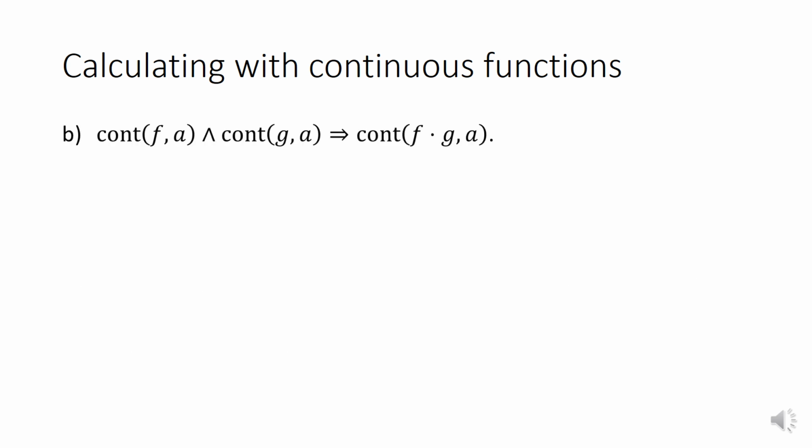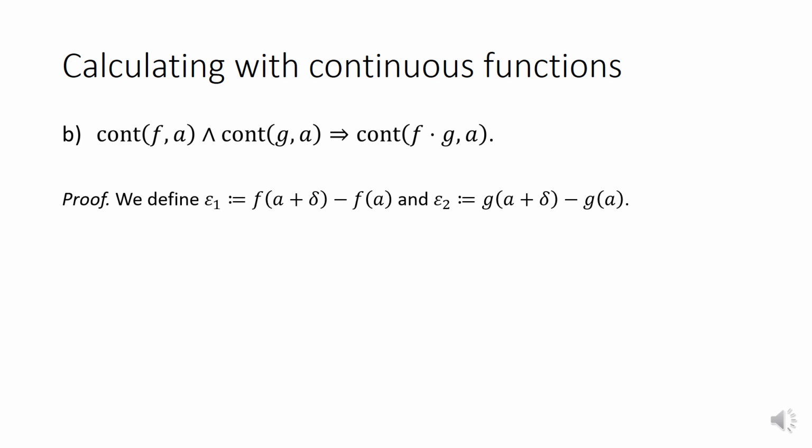Statement B is, if f and g are continuous at a, then f times g is continuous at a. For the proof, we define epsilon 1 as f of a plus delta minus f of a, and epsilon 2 as g of a plus delta minus g of a.